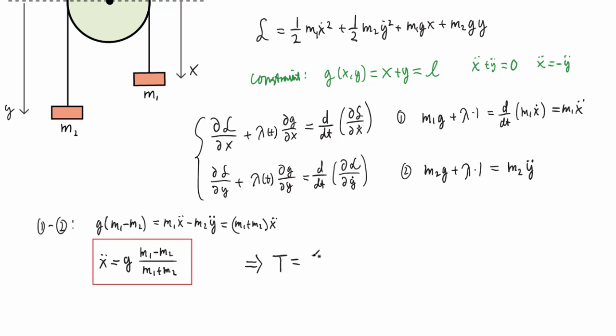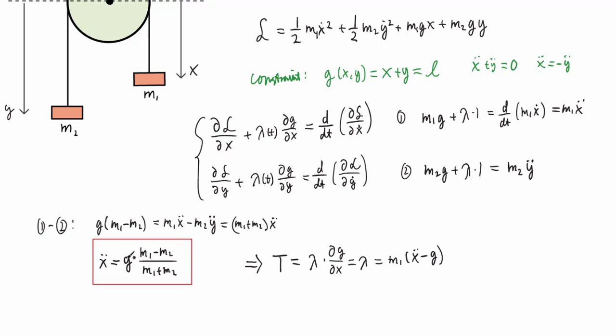Tension is going to be lambda times the dg/dx, for instance. So that's just lambda. And we can see immediately what lambda equals here. That's from, let's say, the first equation here. So it's equal to m1 times x double dot minus g.